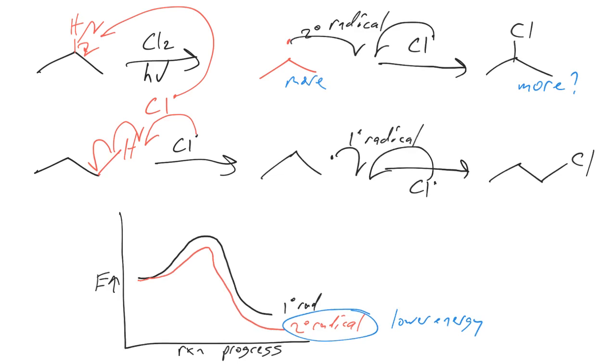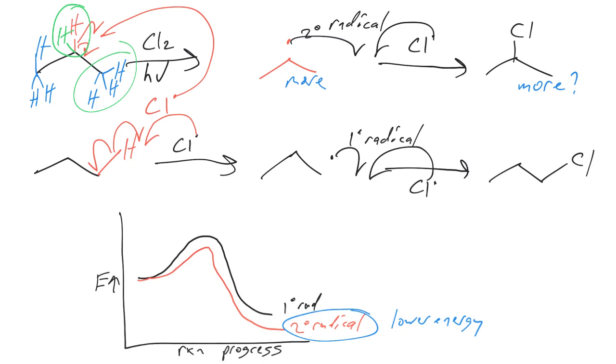However, there's a statistical thing that's going on here as well, because if I look at this starting material, here I have 1, 2, 3 hydrogens, 4, 5, 6 that are at the primary position, whereas there are only 2 here that are secondary. So if they had the exact same energy and the exact same likelihood of forming, you would think that we would get a lot more of them happening at the primary because of it being more common.